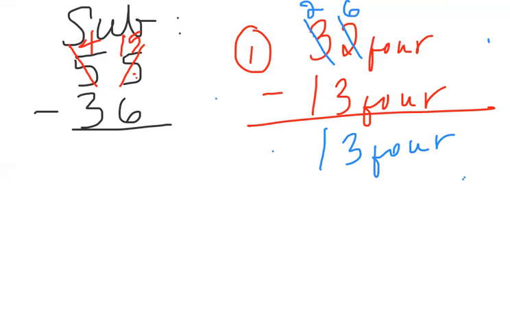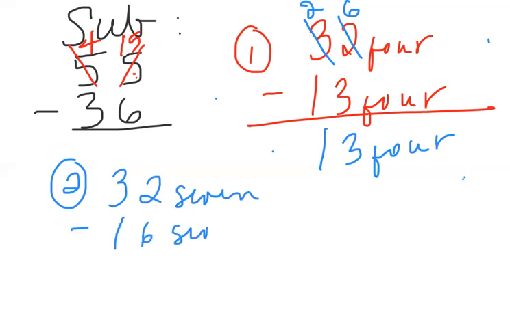All right, guys, let's do a couple more. 32 in base 7. We're going to take away 16 in base 7. Okay, so we're subtracting again. I'm going to have to borrow 1 from the 3, so the 3 becomes 2.